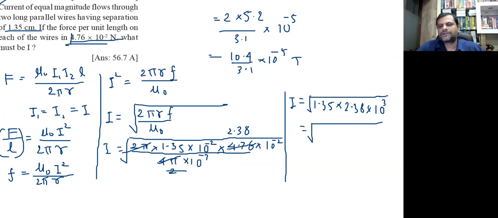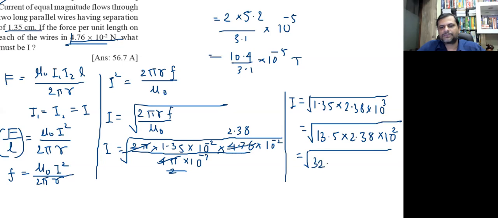So let us do one thing: split this 10 raised to 3 into 10 and 10 raised to 2, and put this 10 inside, so it becomes 13.5 multiplied with 2.38 into 10 raised to 2, right? Then take the product of these two numbers using the log table. 13.5 multiplied with 2.38 is going to be 32.13, right?